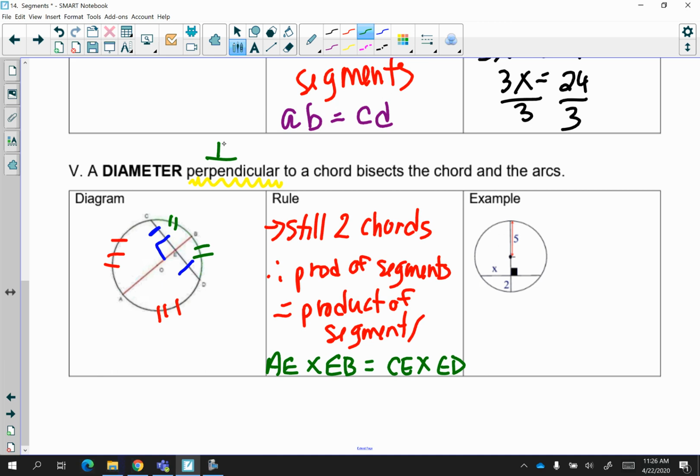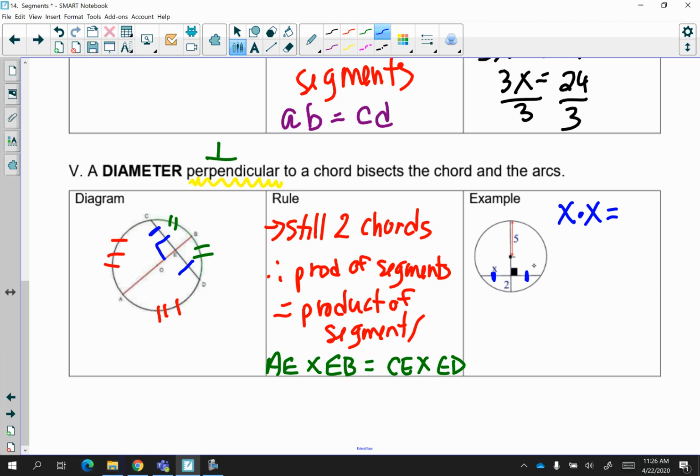It is two chords, right? We just learned that the chords, when they're perpendicular, and there's our little right angle symbol to tell us that, then we know that this chord and this chord are congruent. So it's chord, right? The two pieces of the chord, x times x, is equal to this piece and this piece. But that's a little bit trickier.